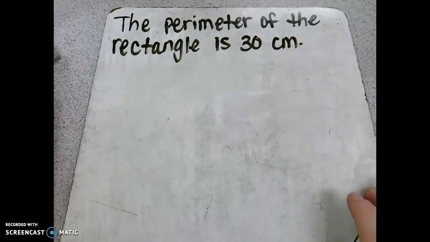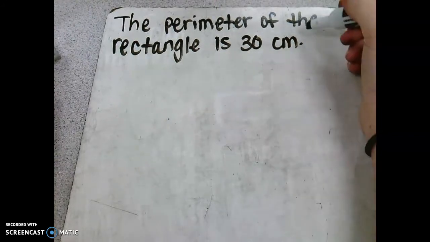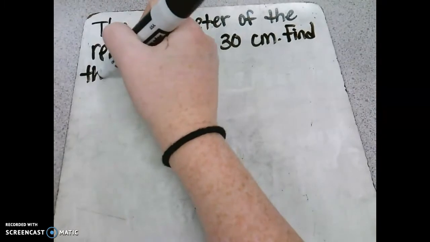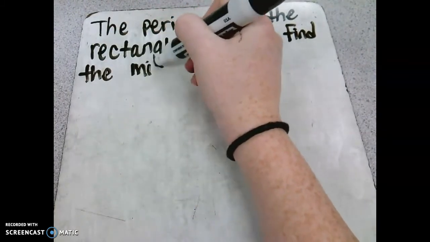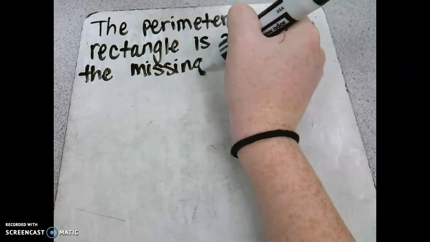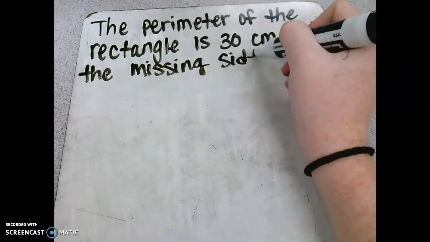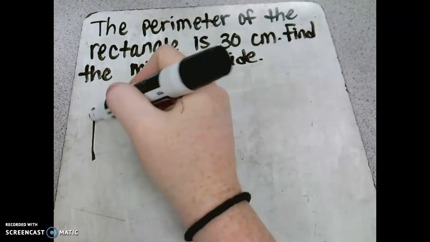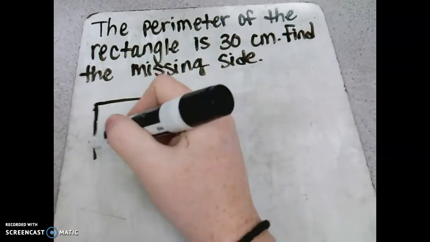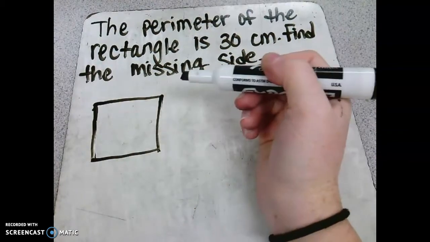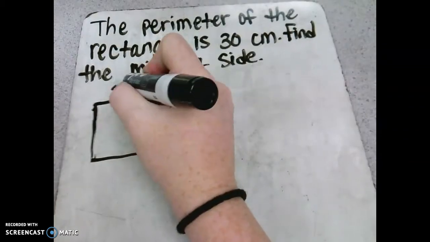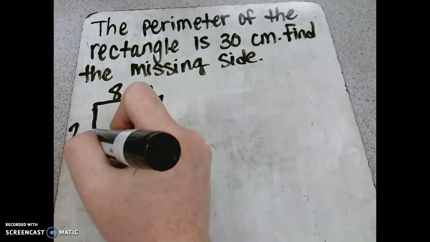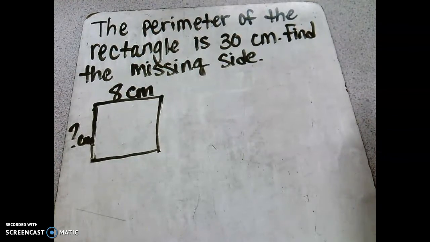Okay, the perimeter of the rectangle is 30 centimeters, and it's going to want us to find the missing side. Okay, so let me draw our rectangle so that we have a picture. It's fun having a picture to visualize what the words are talking about. So on this top we have 8 centimeters, and on this side we don't know what it is. We got to figure it out.